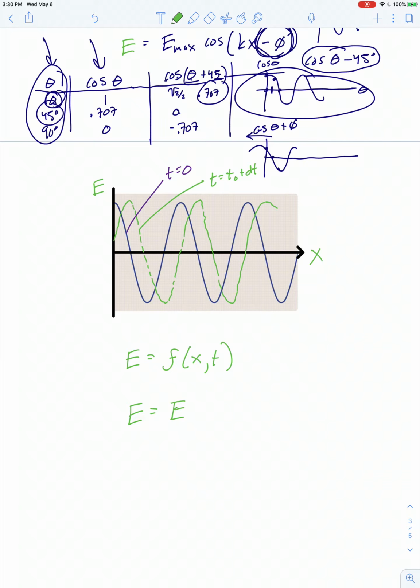So the electric field is some maximum value times cosine of kx minus a phase shift.